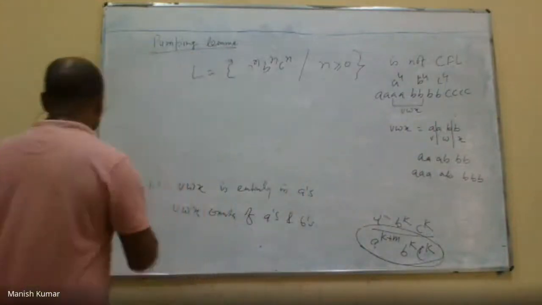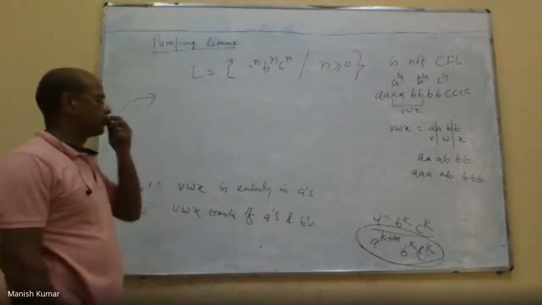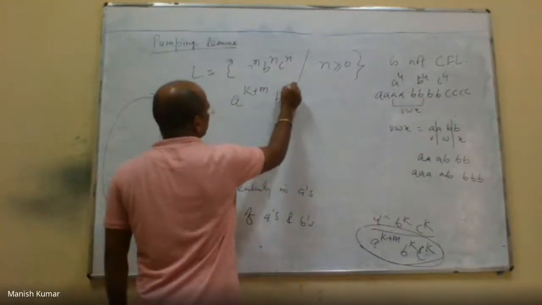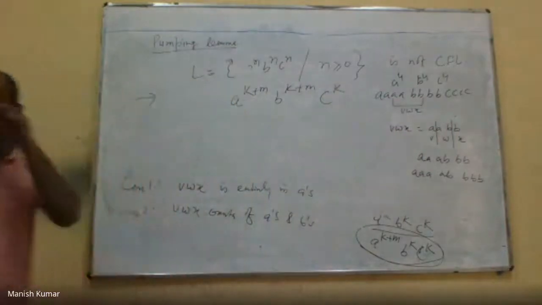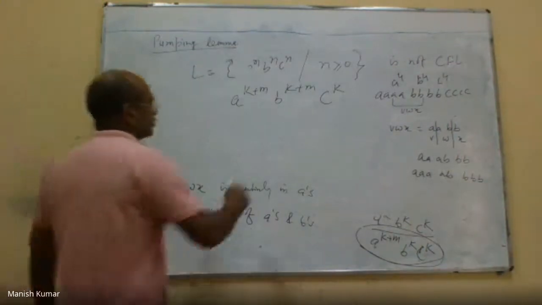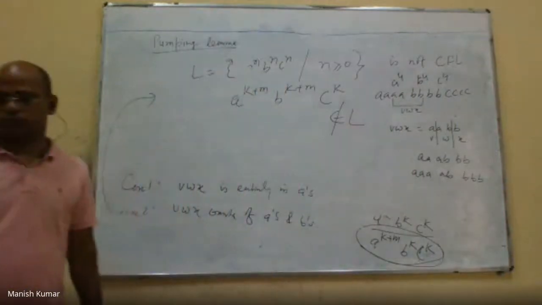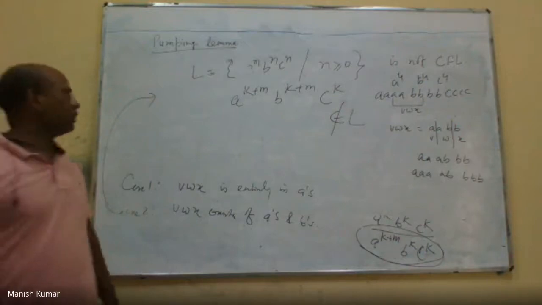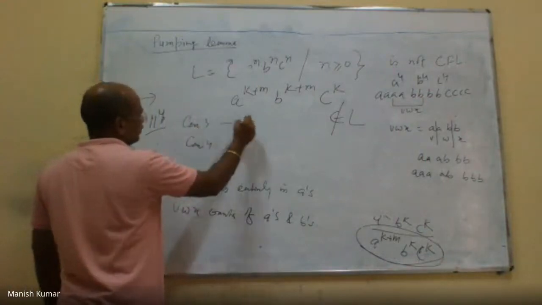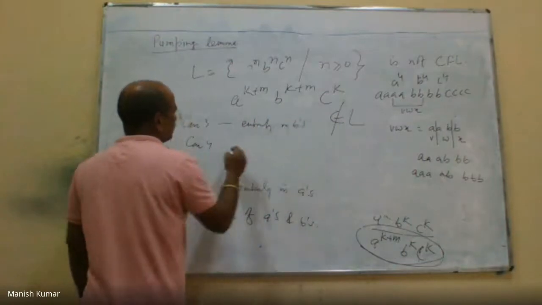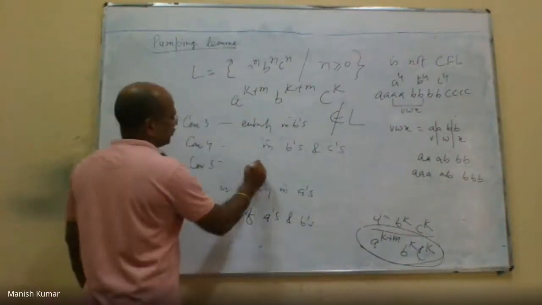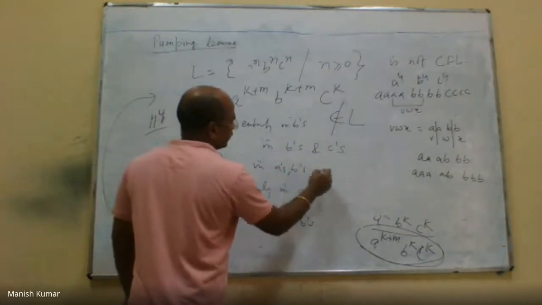So what will be the result in this case? For case 2, the results will be like this: your A becomes K plus M, B becomes K plus M, but C is still K. This also results in a string that is not in the language. Similarly, you can check for case 3, case 4: entirely in B's, then in B's and C's, or case 5, A's, B's, and C's.